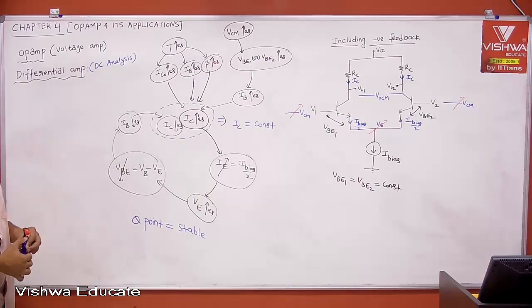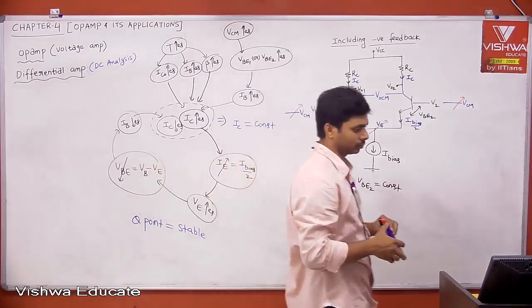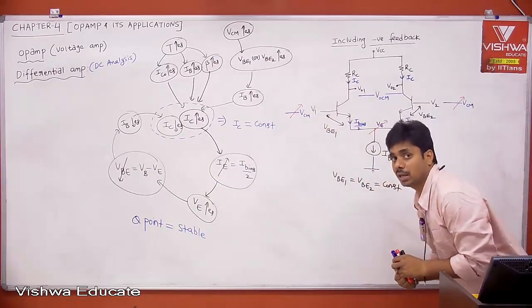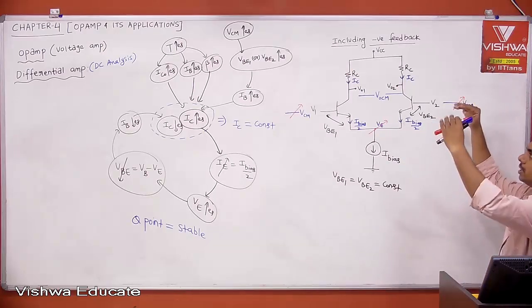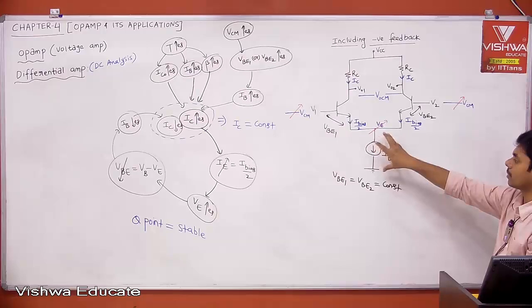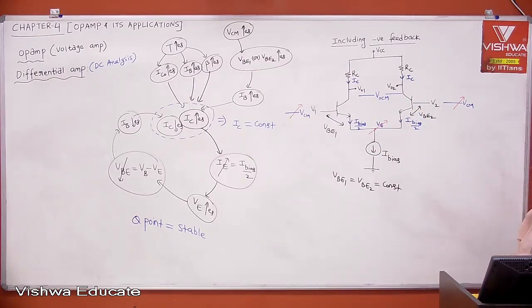Take this flow chart. This is again a sequential explanation. But practically, remember, if there is any change in IC due to any reason, then immediately VE will be tracked because of the current source, and it will not agree to see the change in IE. That will come into picture immediately. But this is our sequential explanation.